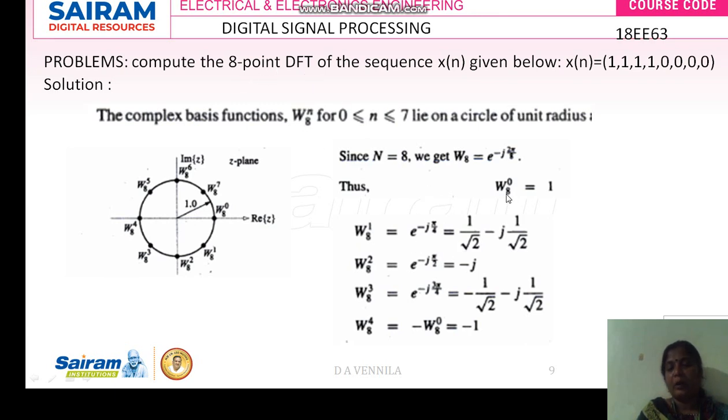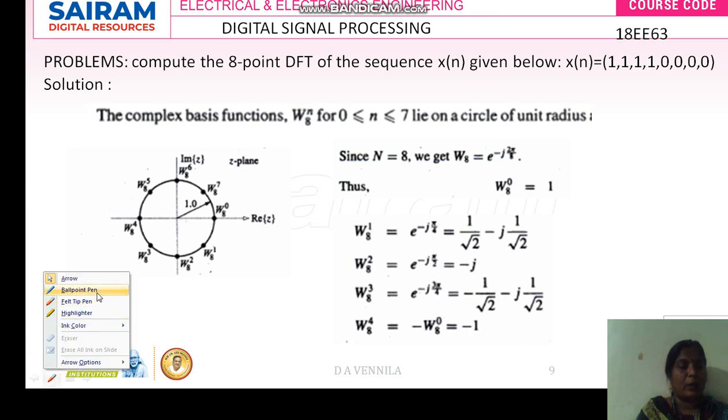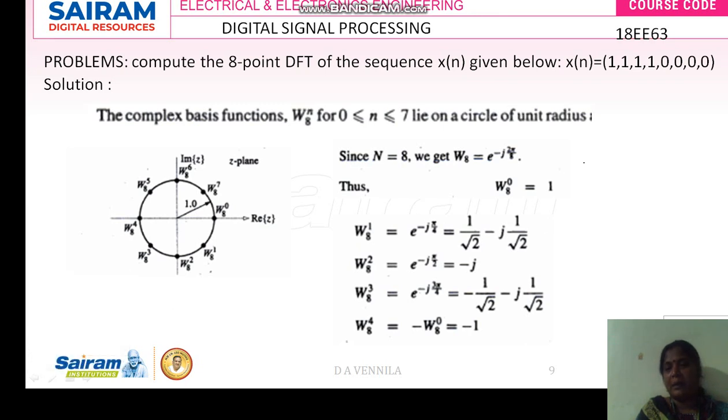Okay. Now, I am going to discuss omega 8 0. Already we know that omega is nothing but e power minus j 2 pi divided by 8.